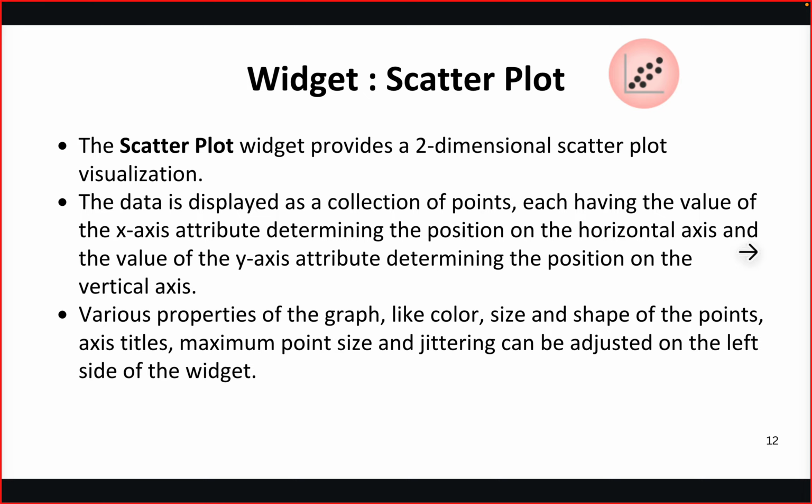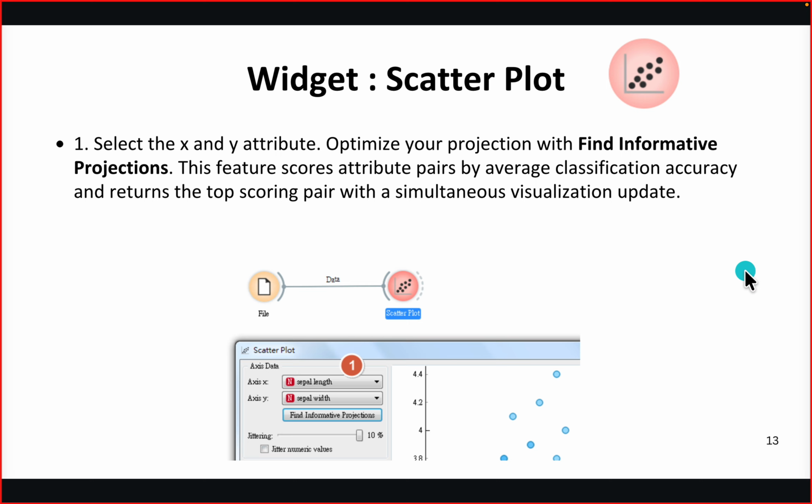Scatter plot. Okay, again, I think you already have some idea about this one. So for scatter plot, we have to specify the x and y. As you can see, step 1, we have to select the x variable and the y variable.